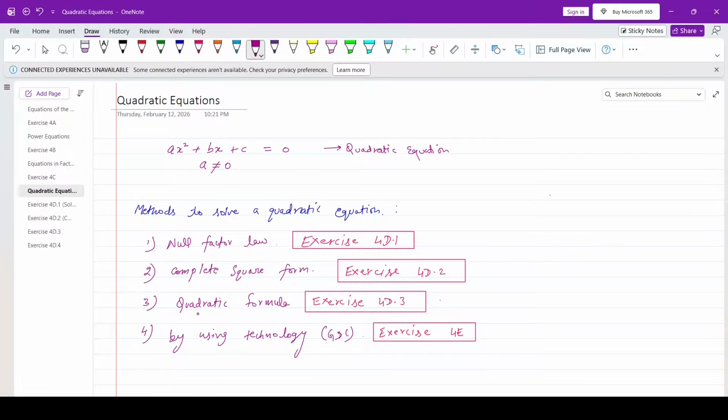Third one is using quadratic formula that we'll study in exercise 4D.3. And the fourth one is by using technology, that is your graphics display calculator, and that we'll be learning in exercise 4E. So let's get started.